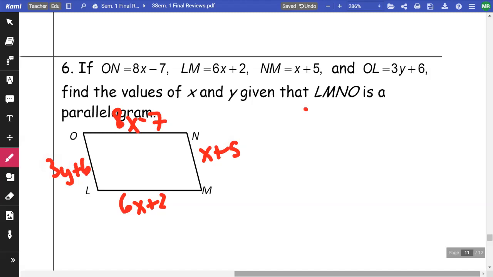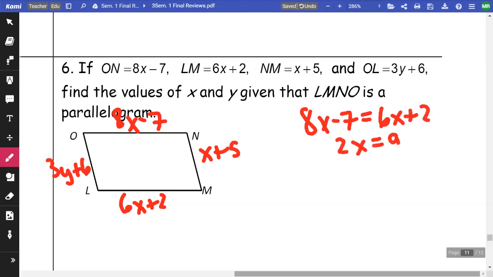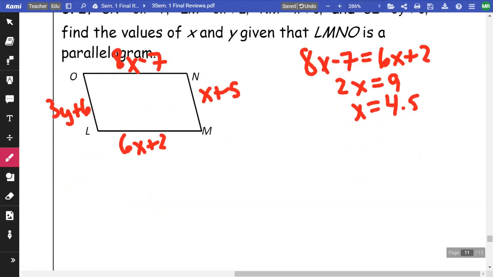Well, I know that 8x minus 7 has to equal 6x plus 2. So that's going to give me 2x is equal to 9. So x is equal to 9 halves, or 4.5.